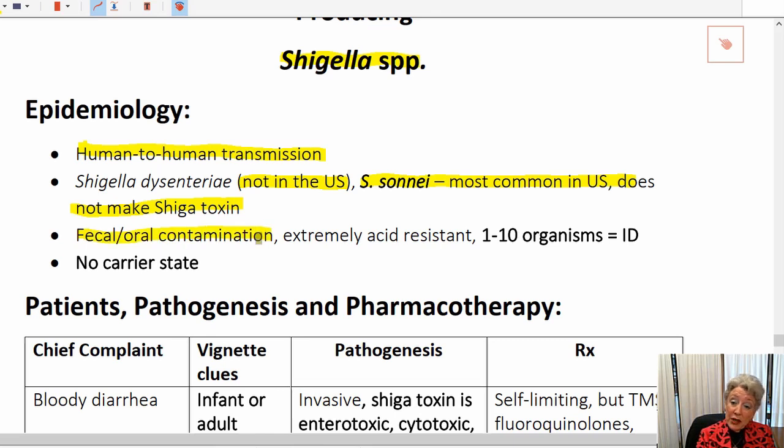Fecal-oral contamination is the means of acquisition. Remember, of all the things we'll talk about, this is the one that is most acid resistant. Okay, so 1 to 10 organisms are the infectious dose required, which means I don't have to have very poor sanitation in order to have exposure. There is no carrier state in this case.